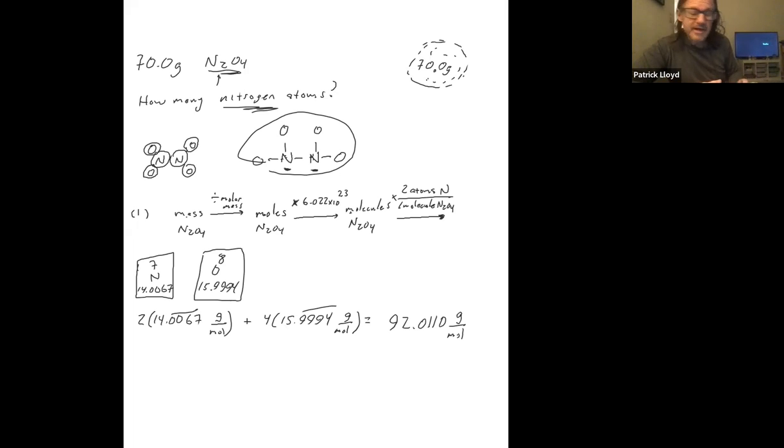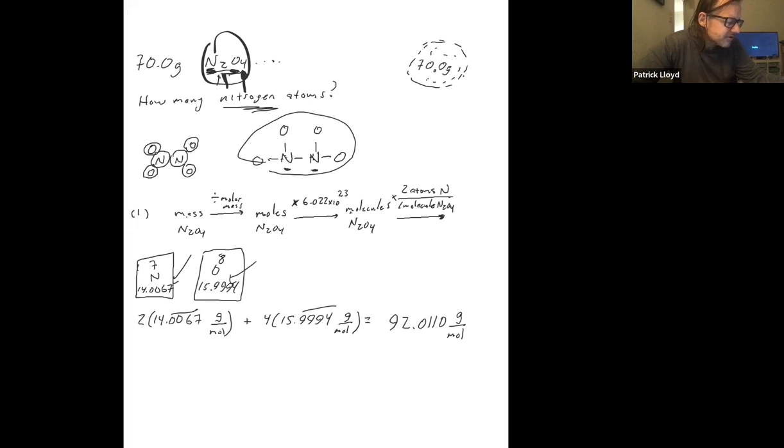Okay, so there's your molar mass, right? Relatively simple. You look at the chemical formula, you look up the masses of each individual element, you take the subscript, multiply it by the mass of that first element, add that to the subscript of the second one times its mass, and then if there's 3 or 4 elements, you just add them all together, okay?